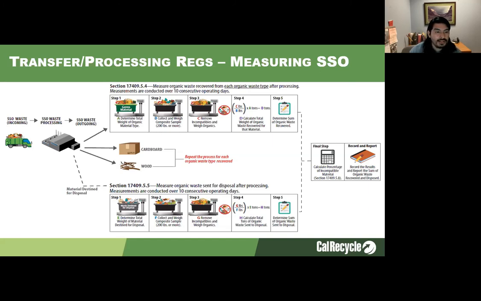Then they'll get a sum of organic waste recovered for that operating day for that output, and repeat the steps for the different types of outputs that they have for that site. That will depend on the site, obviously.